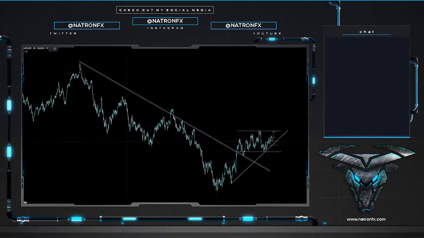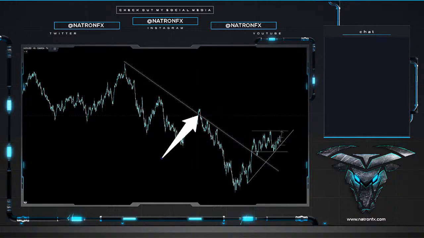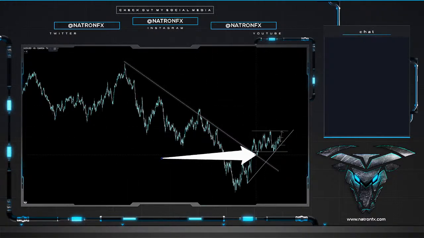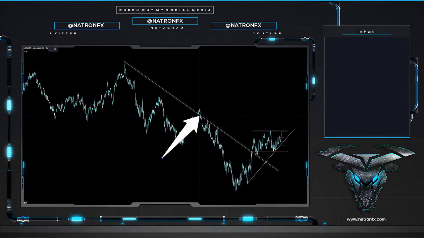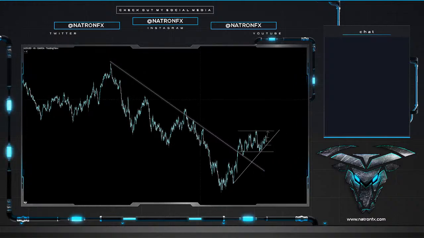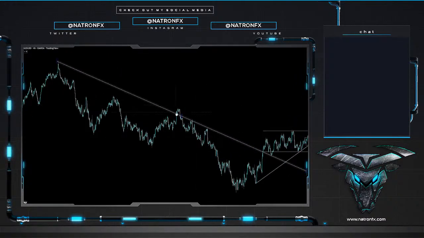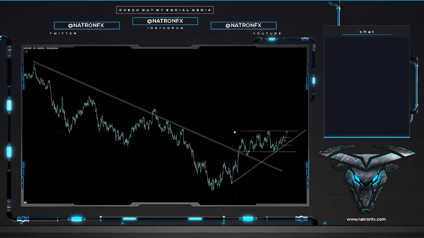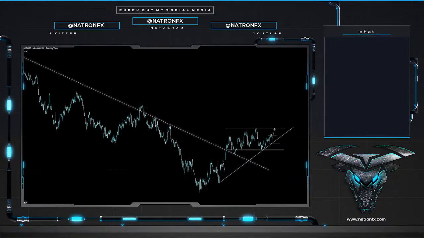Some say anything that, so here, they wouldn't call this a valid trend line because of that. But it seems like it's been respected a lot in different spots. Sometimes you just gotta look at the charts like that and make your decision. If this little spot here is gonna make this trend line invalid, then those are your rules, dude.